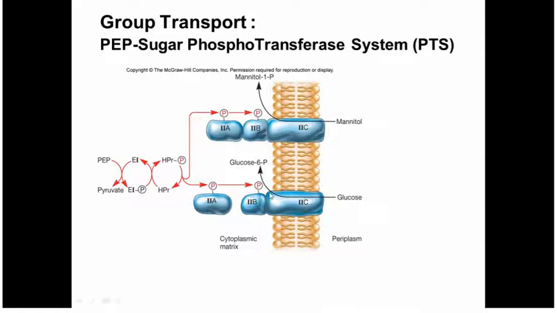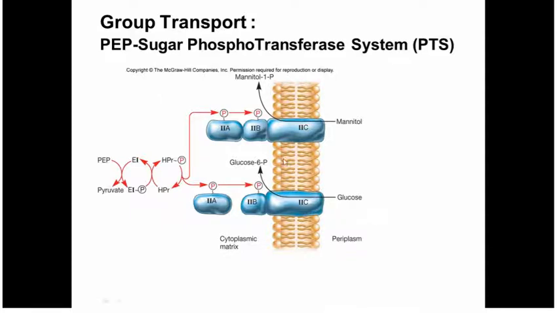And the lysis, or the breaking of this phosphate bond, provides enough energy to do two things. One, import the glucose, and two, transfer the phosphate group to the glucose to give you glucose 6-phosphate. Okay, so that's how the import is working.